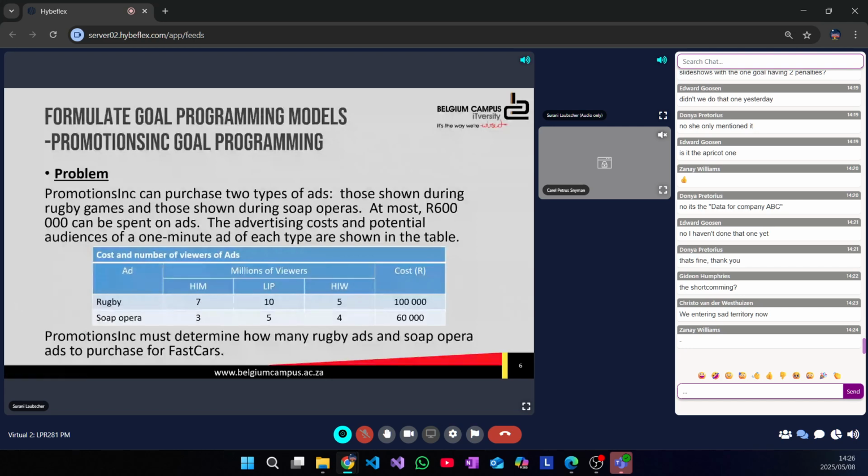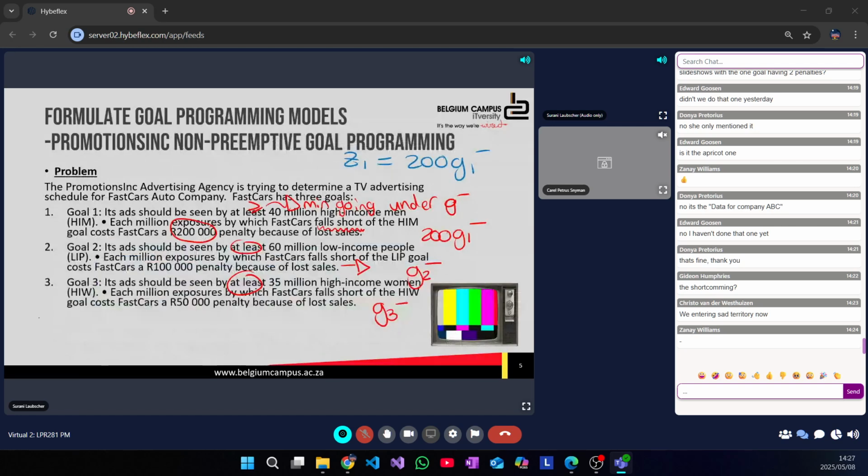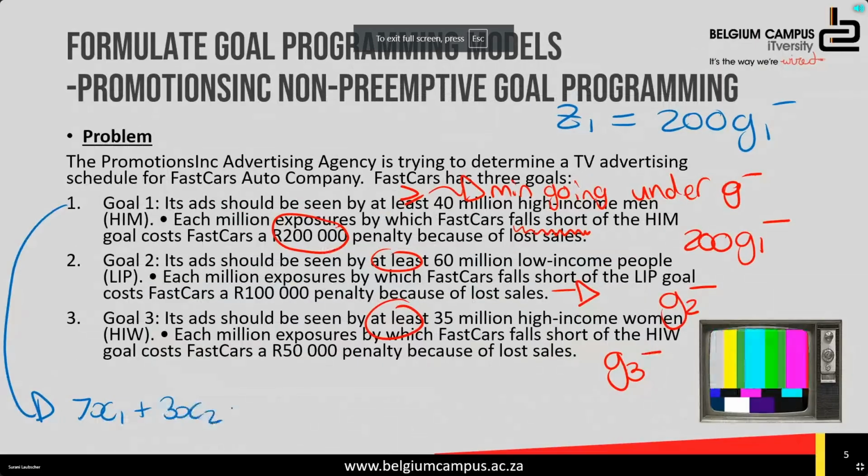But going back here, let me just go to the previous one. So the constraint for goal 1, I'm just going to write it there, if you started, would have been 7x1 plus 3x2. You'll have your plus g1 minus, right? And minus g1 plus.